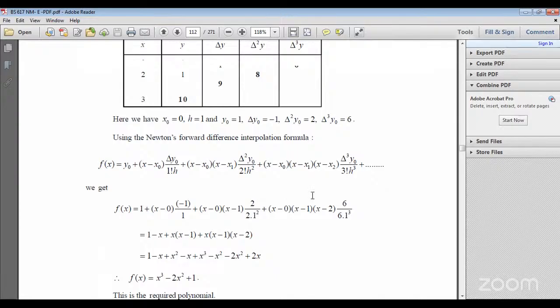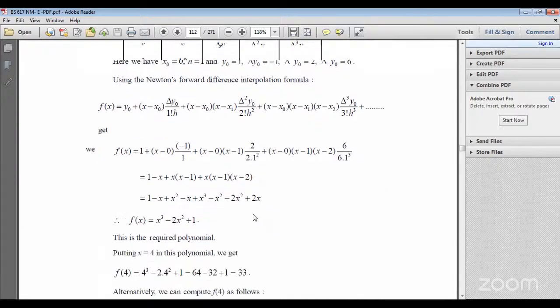So del cube by 3 factorial h cube. So f of x is 1 plus x minus 0 minus 1 by 1 x minus x naught.